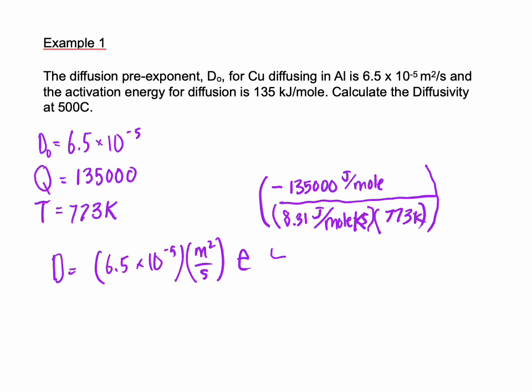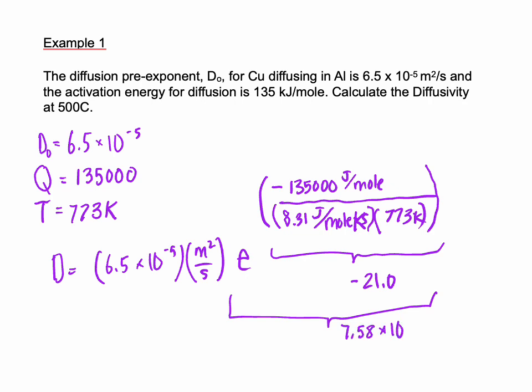So the exponent here is negative 21.0. And taking e to the negative 21.0, this is 7.58 times 10 to the negative 10.